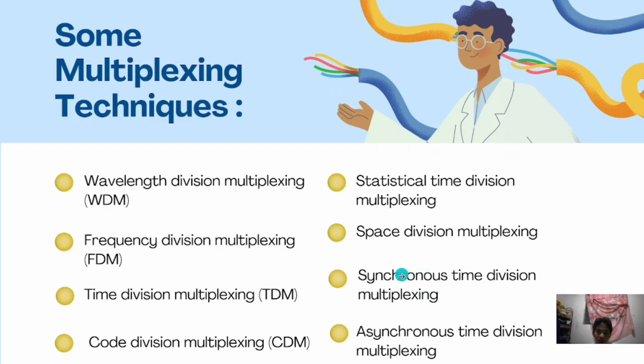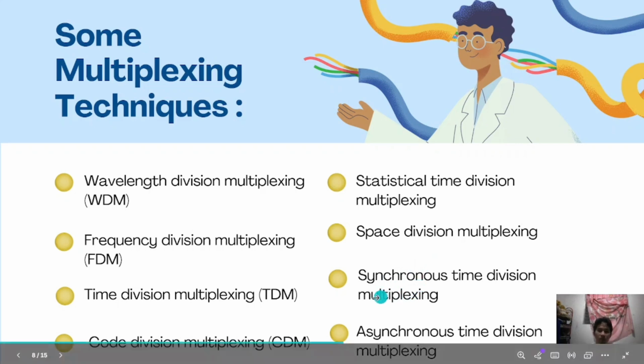Then second to the last, the synchronous time division multiplexing. Synchronous time division multiplexing assigns a fixed time slot to each connected device, whether or not the device transmits data. And then the last, asynchronous time division multiplexing. Asynchronous time division multiplexing assigns a time slot when connected devices have data that is ready to send.